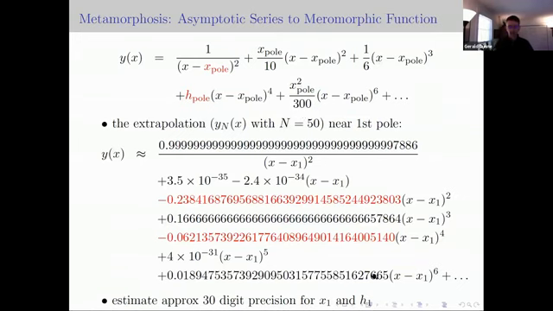So this is what I mentioned about using Painlevé type equations to probe these extrapolation methods in order to be able to do extremely high precision extraction. So what this means in effect is, in this case, from the coefficients, I could have reconstructed this expansion in the pole region purely numerically.